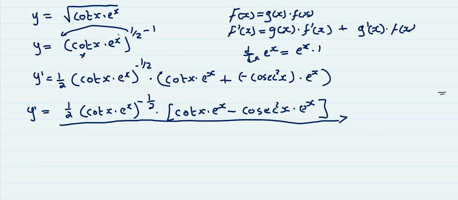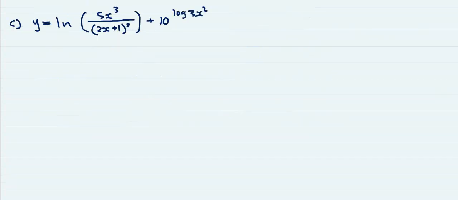Now number c: y equals ln of 5x cubed all over 2x plus 1 all squared, plus 10 to the exponent log of 3x cubed.